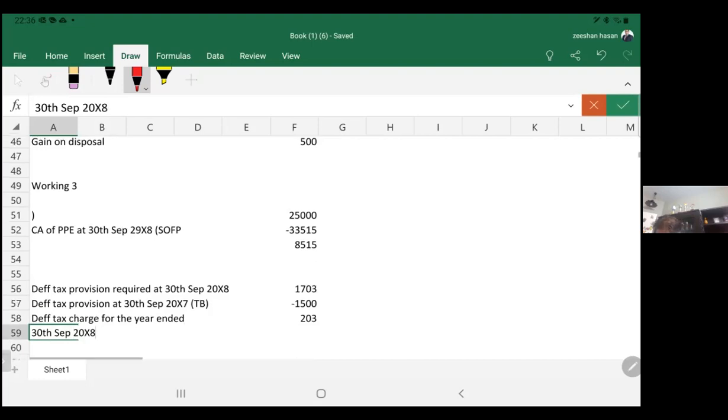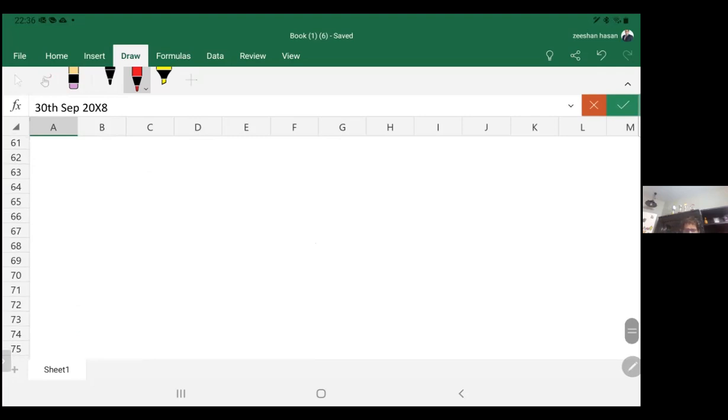All workings done, folks. All workings done now. And what we will do, simply move up. All workings done. Now we have to make the statement of financial position and retained earnings schedule. So here it is.